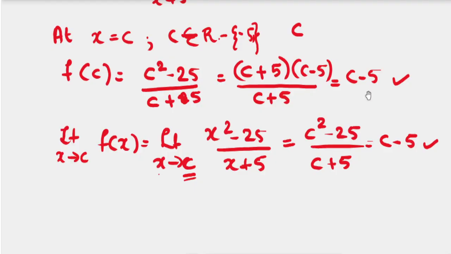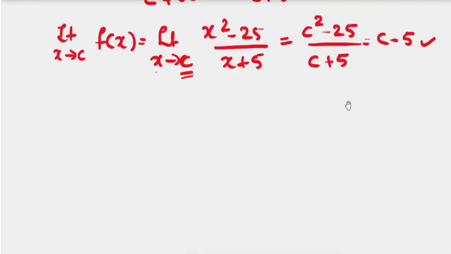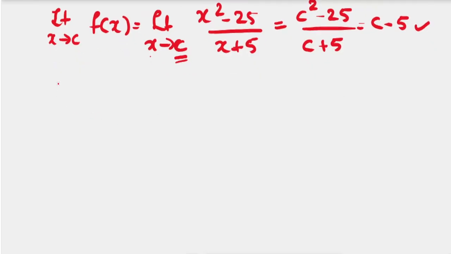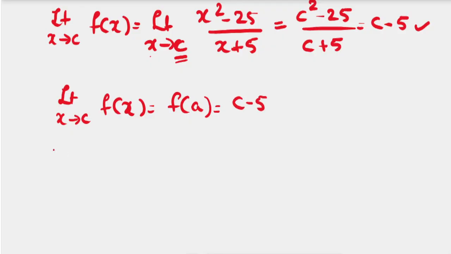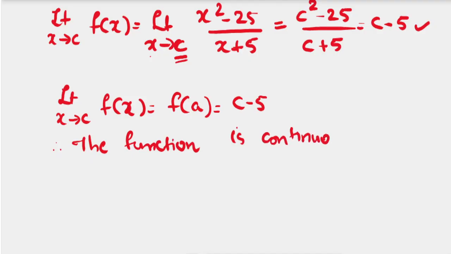So this function is continuous. That is, limit x tends to c f of x equals f of c, which is equal to c minus 5. Therefore, the function is continuous at every real number except minus 5.